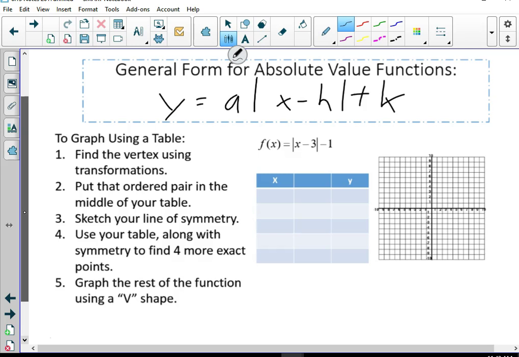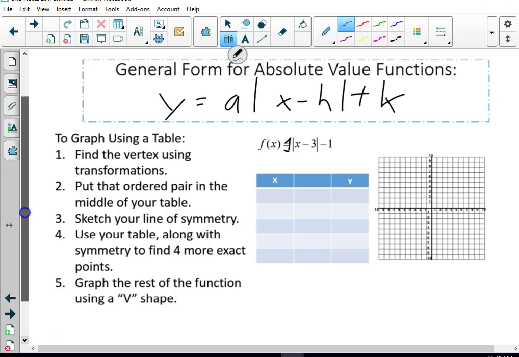What's in front of the absolute value? It's not there, but it's a 1, right? So we can write it to remind ourselves, but we don't place a 1 there, but it is a 1. So it's a positive 1, which means my V is going to be pointing up. We know that if there's a negative sitting out there, it would be going down.